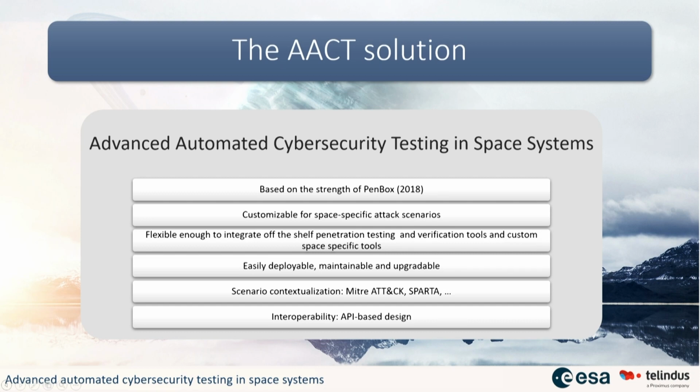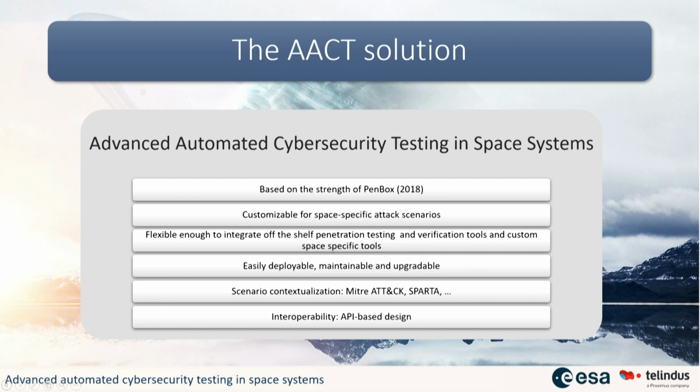So ACT is the new name of that solution, which is basically Penbox 2, if you can call it like that as well. Based on the strengths of Penbox, automating pen tests, we added the ability to have space-specific attack scenarios. And this is mainly a user interface problem that we had.